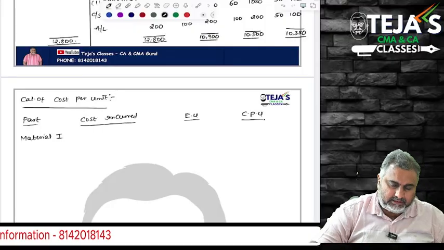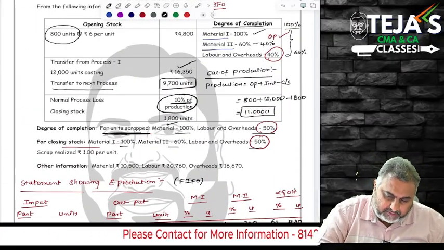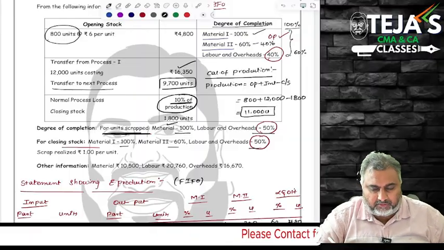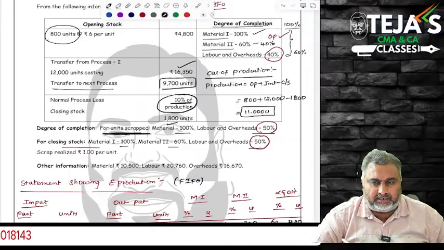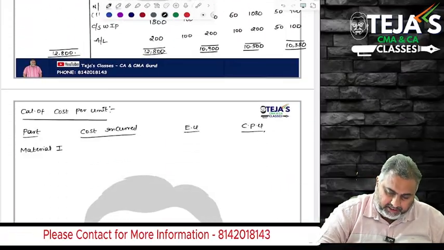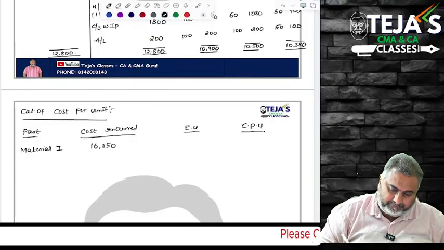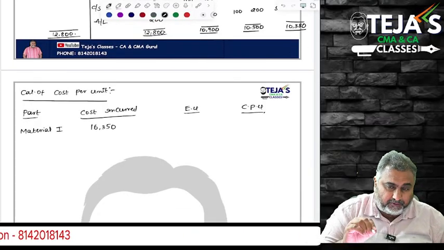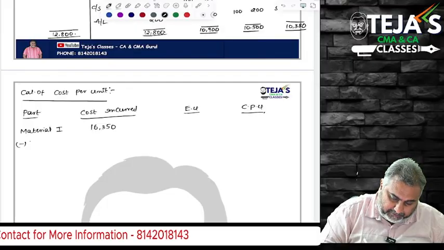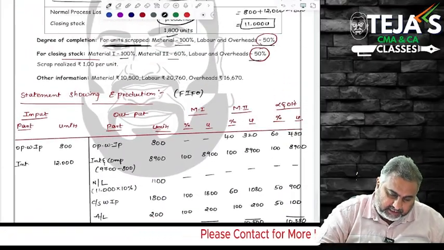Material 1. Sir, material 1 cost means what? Whatever the amount we received from the previous process. How much amount we received from the previous process? 12,000 units, 16,350. That will be your material 1. So 16,350 cost incurred. Equivalent units, before writing that, do you have any scrap realization? Yes, sir. See, what is the scrap realization?